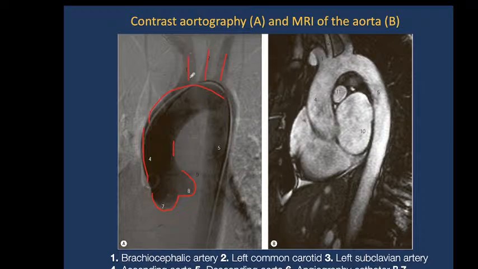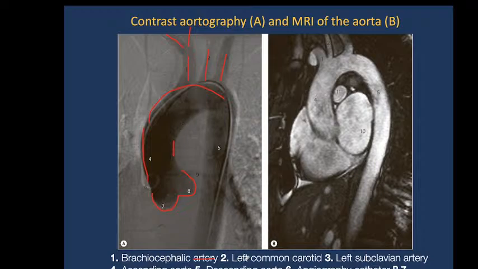First is the brachiocephalic artery. Mostly it is a trunk, it is not an artery, because this is a trunk, and it is divided into the right subclavian artery and right common carotid artery.